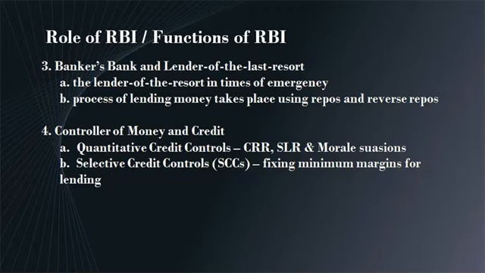To explain this with an example, suppose there are 100 crore rupees with a bank as deposited money from the depositors. From that 100 crore rupees, the bank cannot lend 100 crore rupees to the borrowers. Some of the money, maybe 2.5 to 3 in that ratio, we'll take it as 3%.